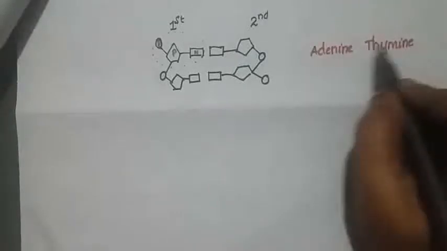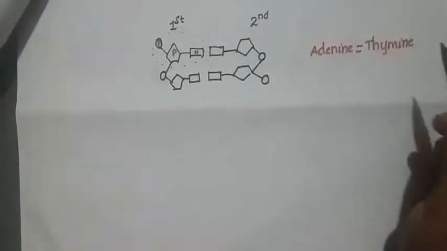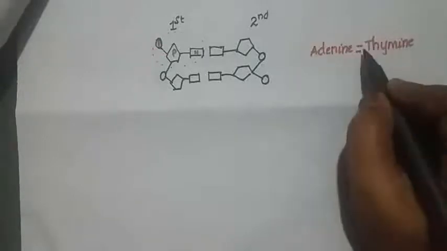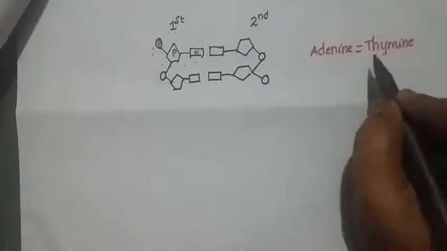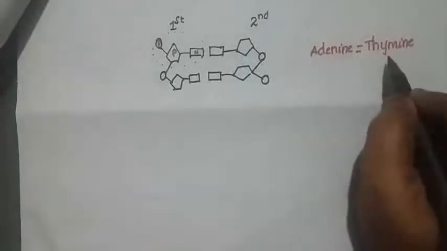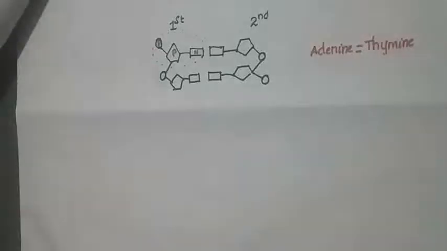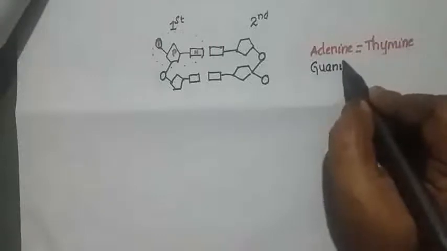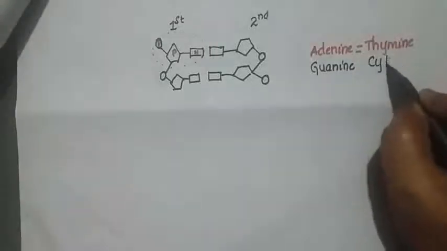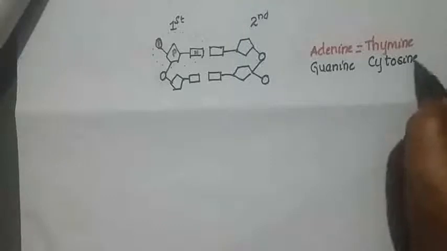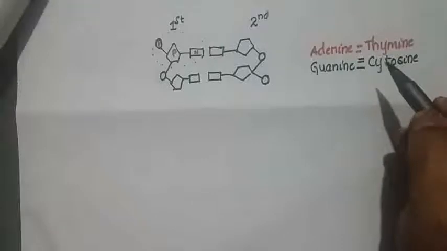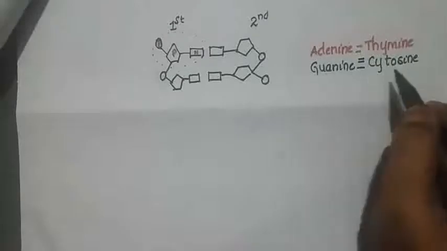And between adenine and thymine, there is a weak double hydrogen bond we find between the adenine and thymine. Okay, and moving on to the next one, guanine followed by cytosine, which is one more complementary pair. In between the guanine and cytosine we have a triple hydrogen bond. So they are always complementary to each other.